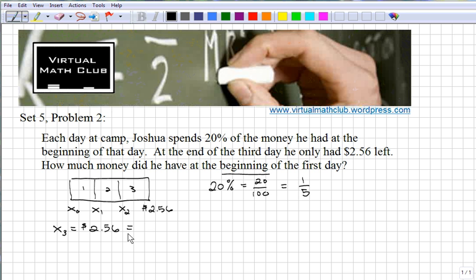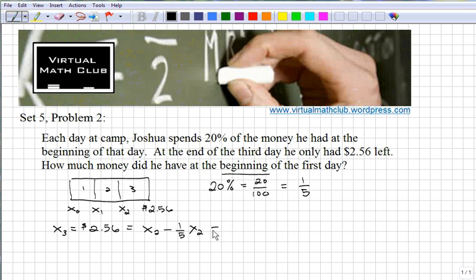And he got to that point by, okay, he had some amount of money at the end of the second day, and he spent 20% of it, or 1/5 of it. So he took the amount he had at the end of the second day, spent 20% of it, and that's how he ended up with $2.56.